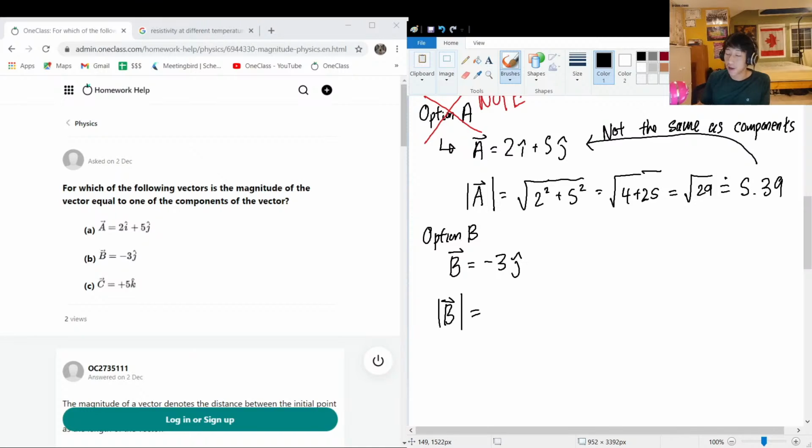But the formal way to write this out is, even though there's no i component written, that implicitly means that there's a 0 i component. So we actually can write that out: 0 squared plus negative 3 squared. And that's just equal to 3. And this would be the zeroed x component.